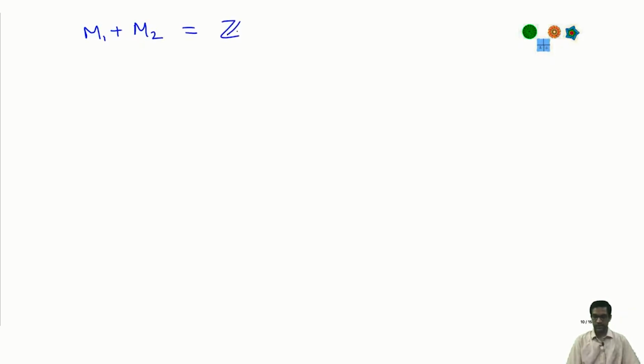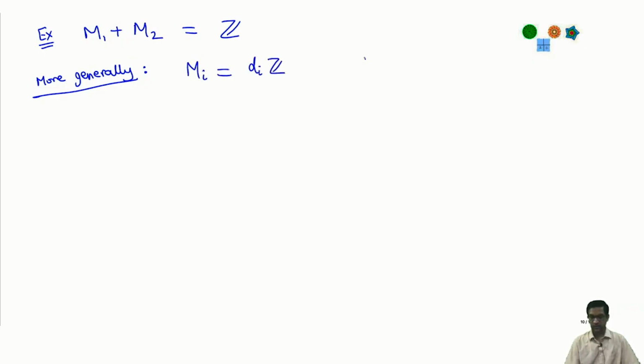And here's the exercise. Prove that the sum of these two submodules is in fact the whole module. You can prove this using either of the two descriptions. More generally, let d_i be integers which are at least 2.